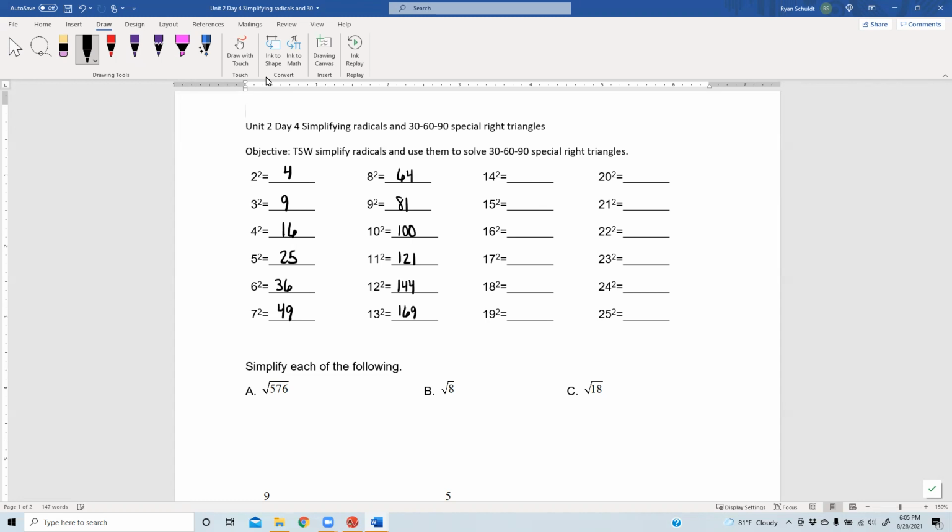Again, my favorite too, 13 squared and 14 squared. 13 squared is 169. 14 squared is 196.